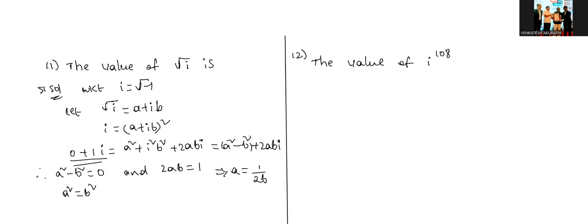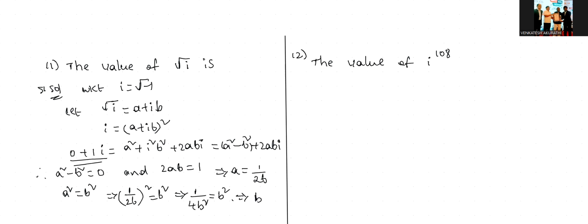Here a square is equal to b square, substitute the a value: 1 by 2b whole square is equal to b square. That implies 1 by 4b square is equal to b square, that is b power 4 is equal to 1 by 4.